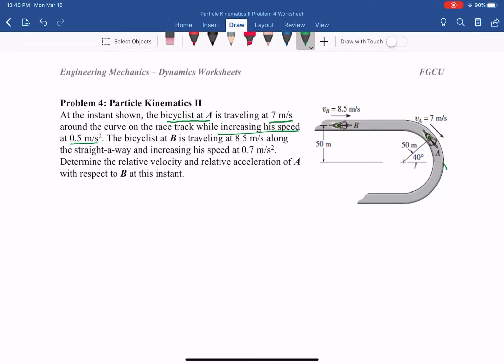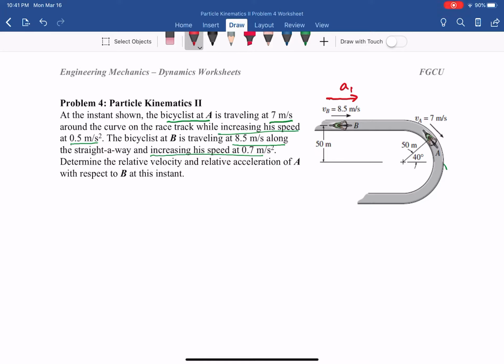And then move to bicyclist B, traveling 7.5 meters per second along a straight away. So it is on a straight line. So the motion of B will be rectilinear motion, increasing its speed at 0.7 meter per second squared. So again, the acceleration of B will be the same as the motion, the same as VB.